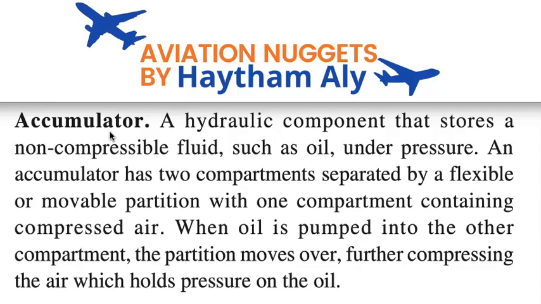The output is not linear or fixed at 3000 psi or at the nominal system pressure. So the accumulator in that case will smooth pump ripple and allow the output of the pump to be fixed or to be linear. This is the function of the system accumulator.